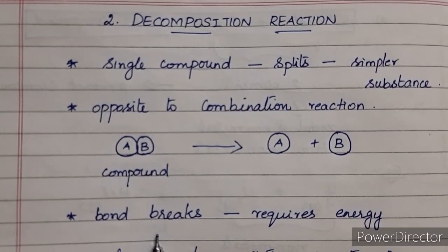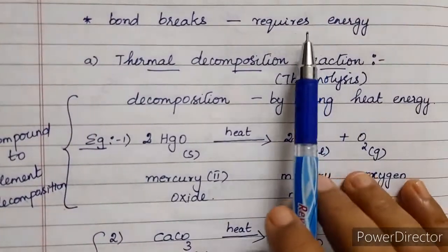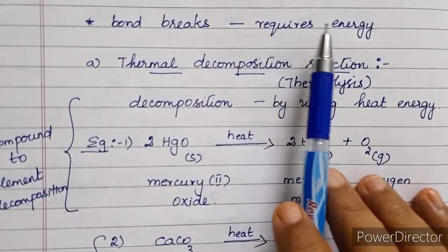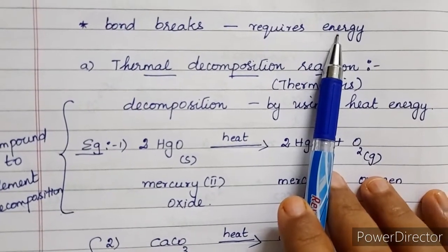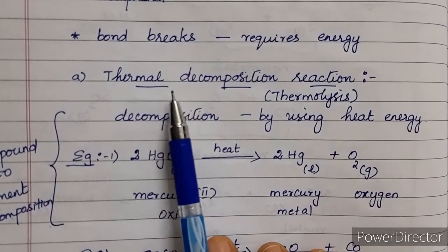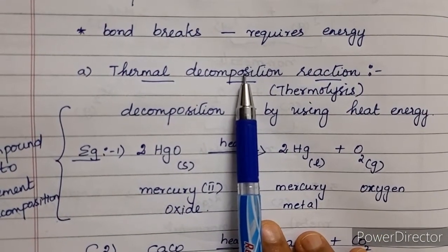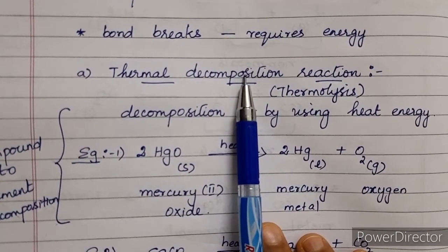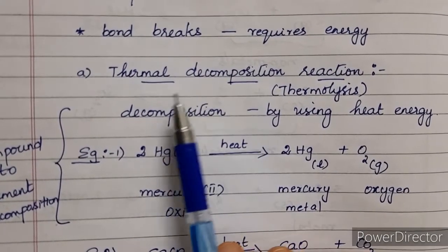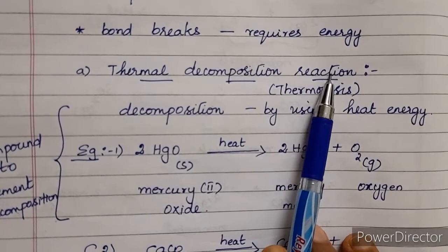Depending upon the nature of the energy that is used in the decomposition reaction, the decomposition reactions are classified into thermal decomposition, electrolytic decomposition, and photodecomposition reaction.